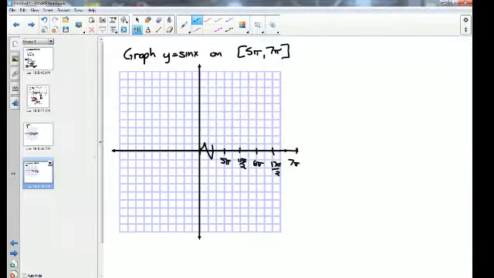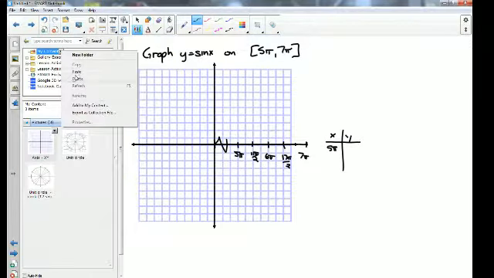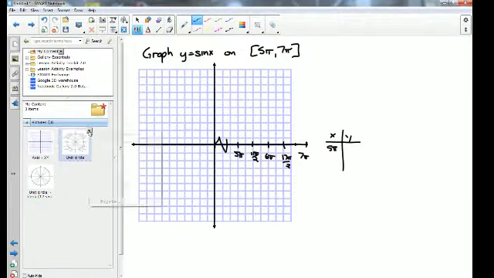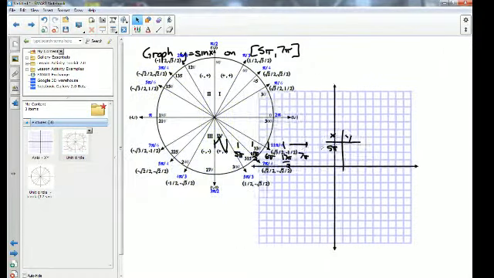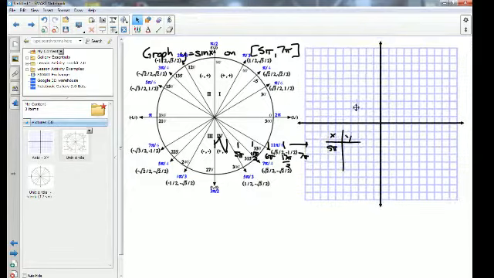So what we're looking for is, what is the sine at 5 pi? Which one's 5 pi? Oh, that's not what I wanted to do. Ah, sucker.